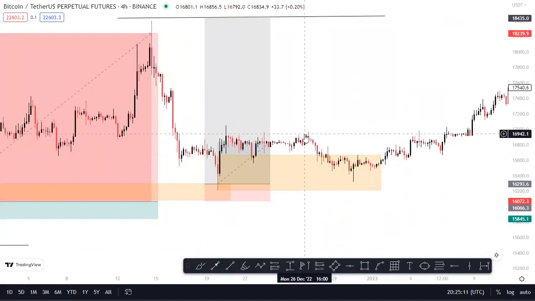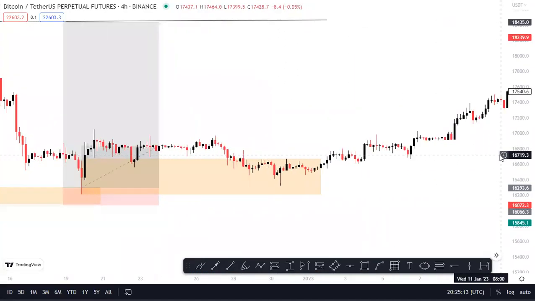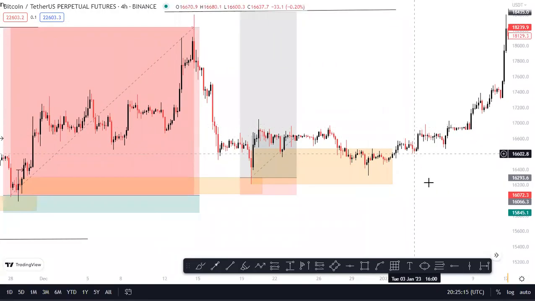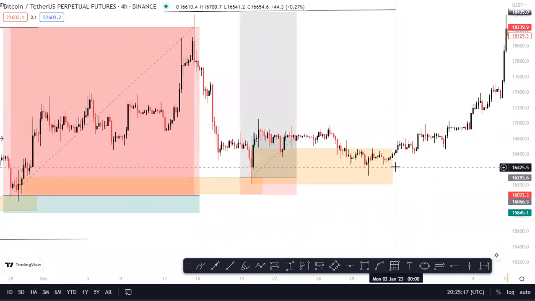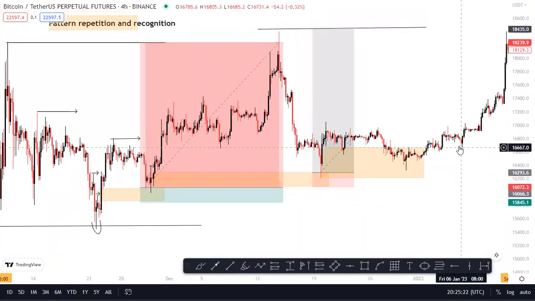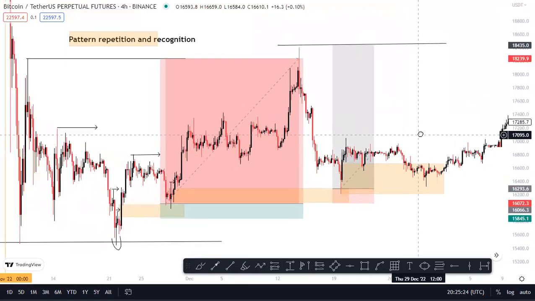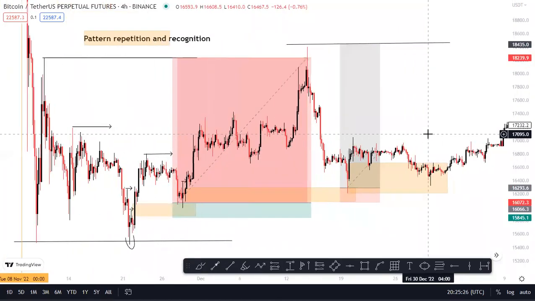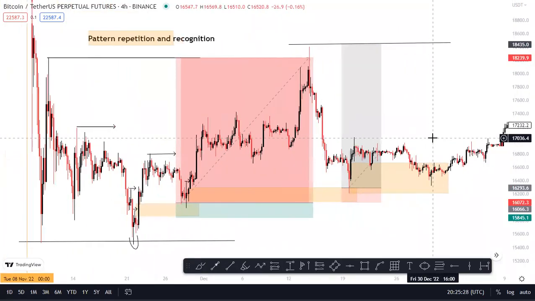Now you're looking for a confirmation entry, and I don't want to use indicators to show you things because I don't see the need. But you're looking for a confirmation entry to buy the market to the upside.